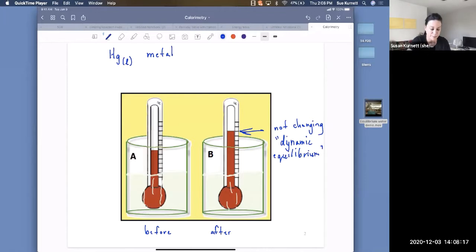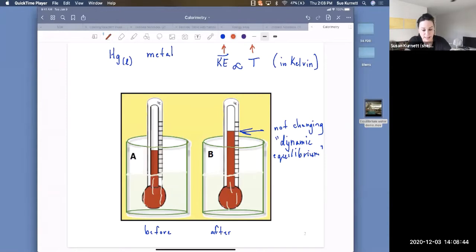Dynamic equilibrium. So what you can't see is, and the important concept this is based on is that the average kinetic energy is proportionate to temperature. If we're using an absolute scale, which is Kelvin. So if the kinetic energy goes up, the temperature goes up in a linear fashion, in a proportionate way.